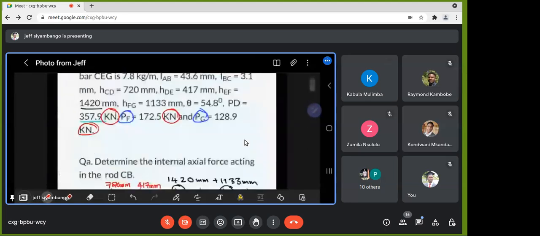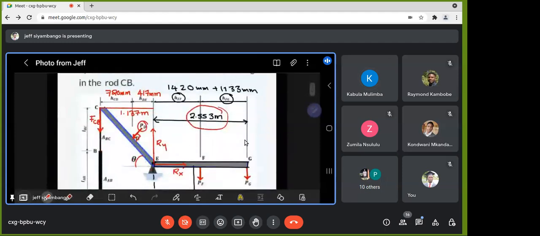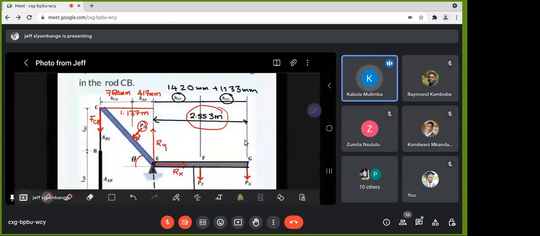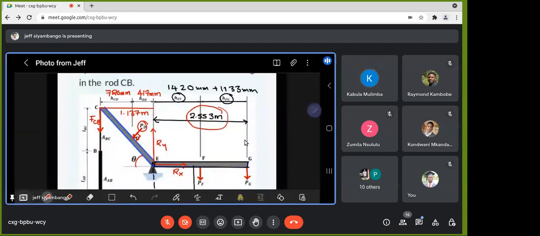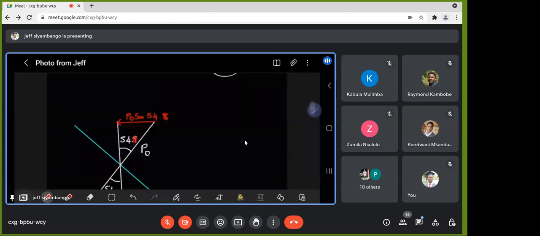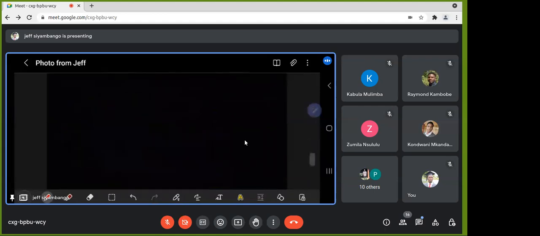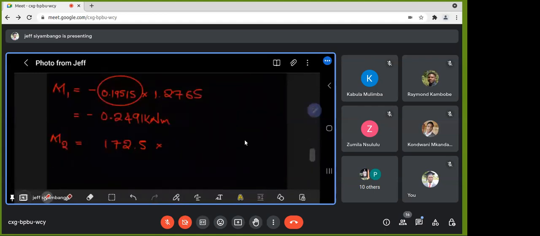When you go back to the original diagram, do you see the distance we're using there? It's HEF. And don't forget, this is in millimeters. For the first one I did, I used the distance in meters. So even here, the units must be in meters. This is 1420, so I need that in meters: 1420 divided by 1,000 is 1.42 meters.